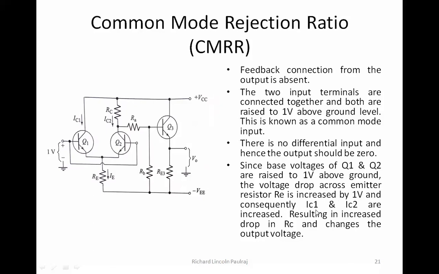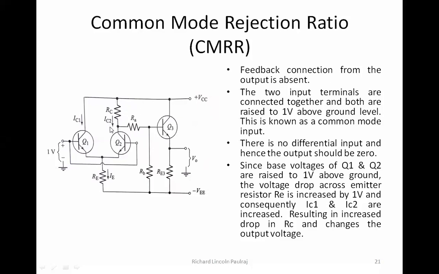Consequently, IC1 and IC2 are increased because this current is increased. We have seen that IC1 and IC2 are IE divided by 2, right? So if this increases, then IC1 and IC2 both are increased, resulting in increased drop in RC. So more current here, more drop again in RC. RC is connected to the base of Q3, right?